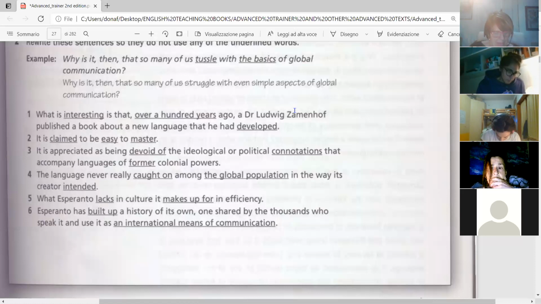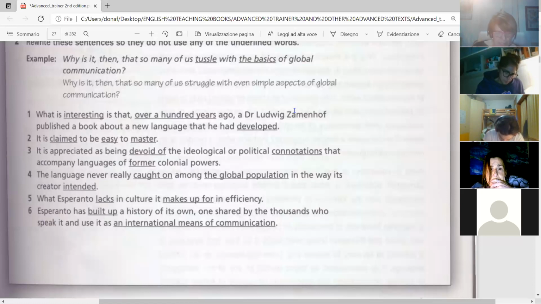Marta. Oh, log one for you. Fantastic. It is stated as being without any of the ideological or political aspects that accompany languages of status, places that have been colonial powers. Yes, so that's perfect at the beginning.